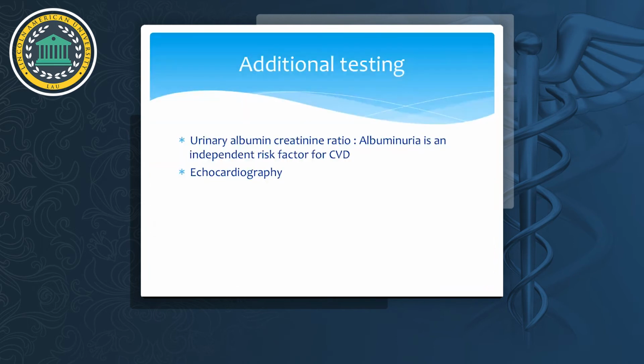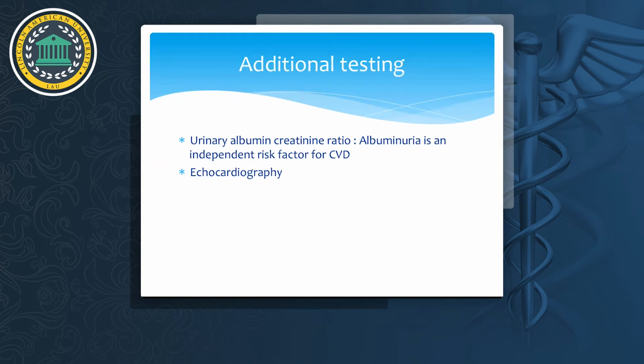Okay, so additional testing. Urinary albumin creatinine ratio. Albuminuria is an independent risk factor for CVD. As we discussed about the target organ damage, we know that if you have target organ damage, that means the hypertension is already persistent and has been there for a pretty long time.